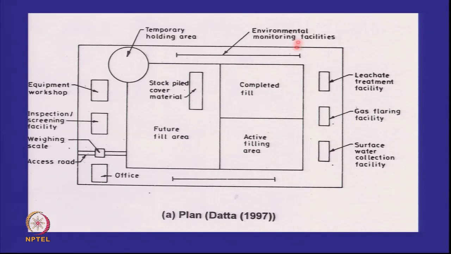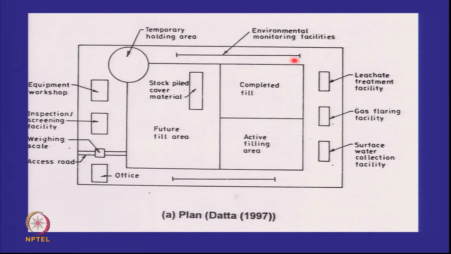So in a very simplistic manner, if this is a rectangular area which is available to you, this is what is going to be covered by the landfill. Okay, temporary hold. So this is where the landfill will come. This is temporary holding area, equipment workshop, inspection facility, weighing scale. The road comes from here. There's a working office, and the inspection and screening facility means you have the laboratories here.